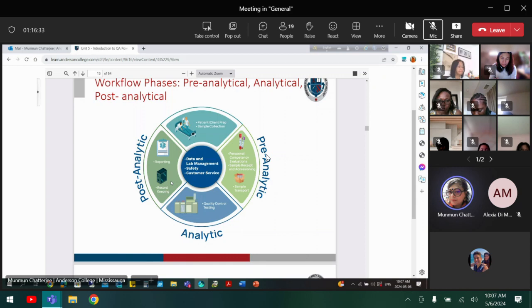Say if you have to save some serum, how are you going to save it? How are you going to store it? What is the condition? The sample collection and patient identification we already covered. So pre-analytical, analytical, and post-analytical: these are the three phases of workflow.